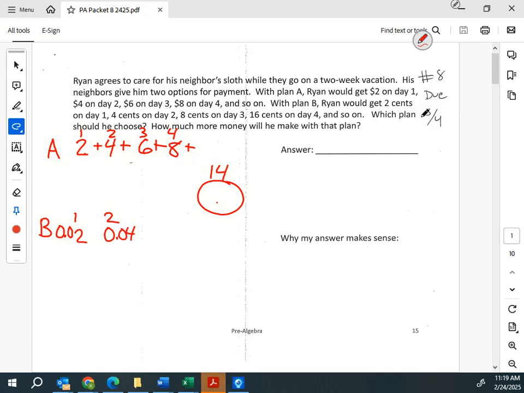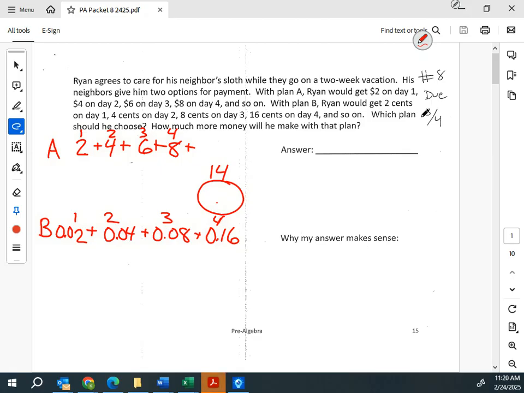Those decimals matter. I've had multiple people not putting those decimals in place and getting the wrong answer. So make sure that you are putting the correct decimals in and that you are adding correctly. And just like with plan A, you need to add every day's amount to get the total for that plan.